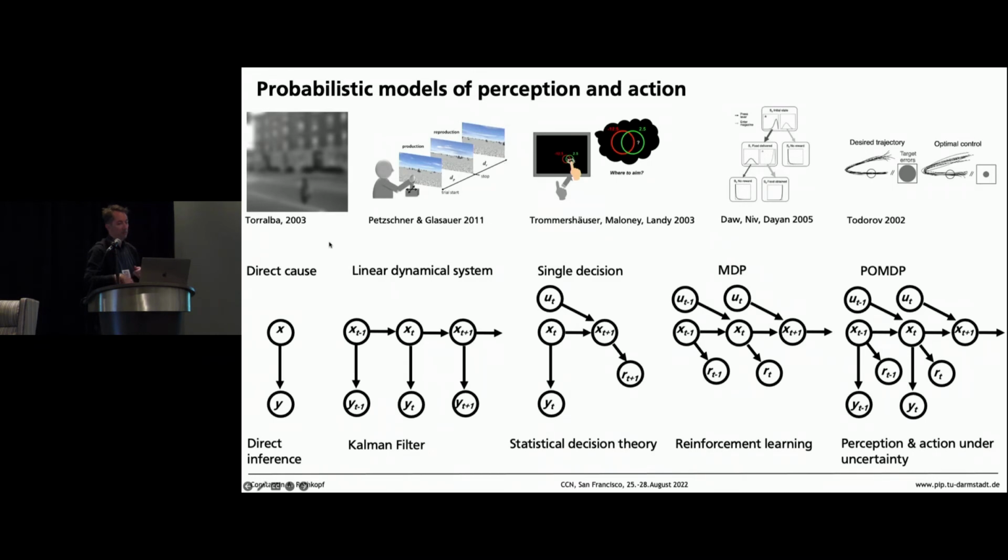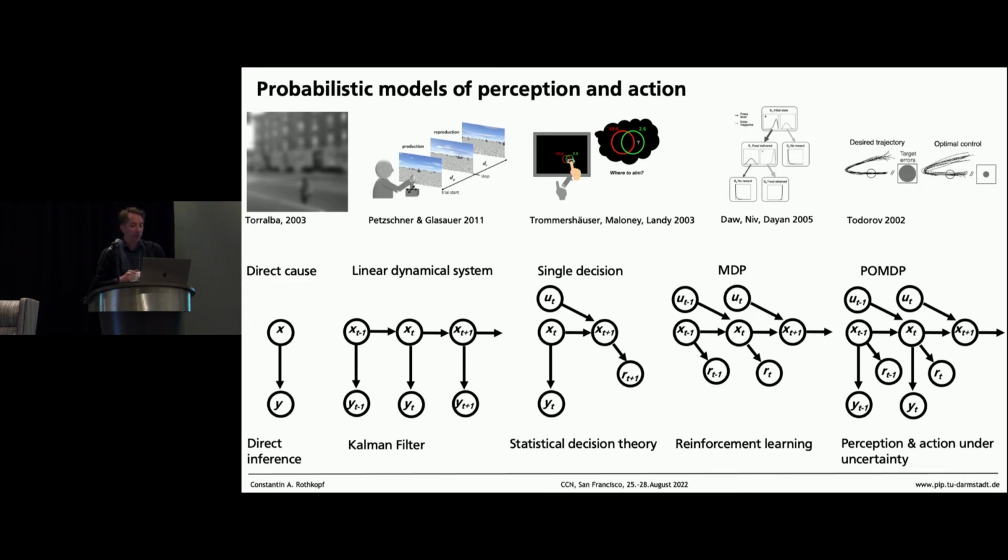Now, you can come up with models for a large variety of tasks. There's a nice paper by Peter Dayan and Nathaniel Daw, where they try to relate many of the common experiments in neuroscience to these types of models. You could also look at Russell and Norvig's AI, the chapters on agents, where you can really relate many of these experiments that have been done in the lab to their model.